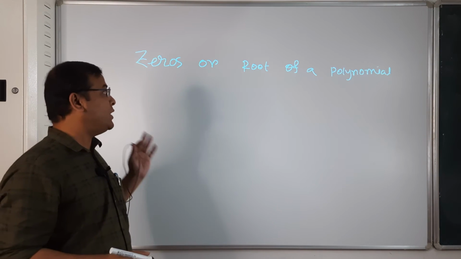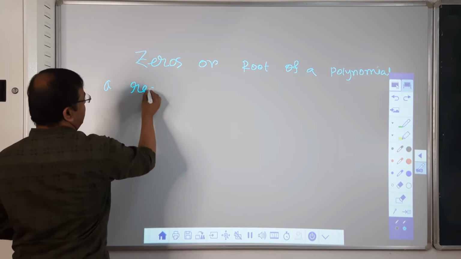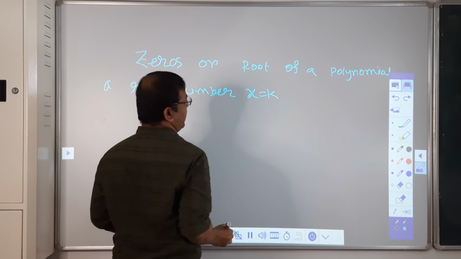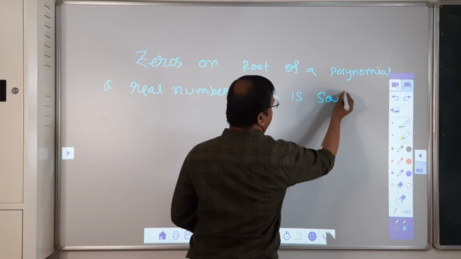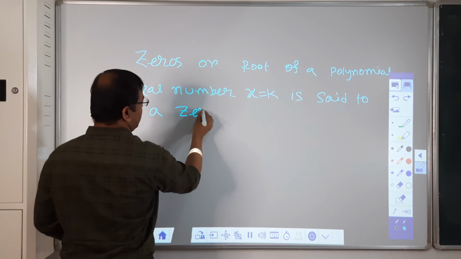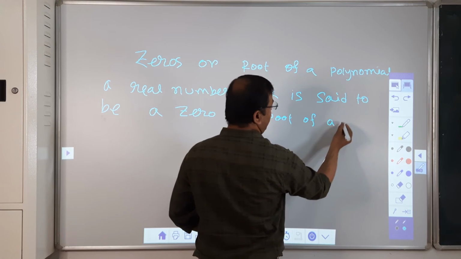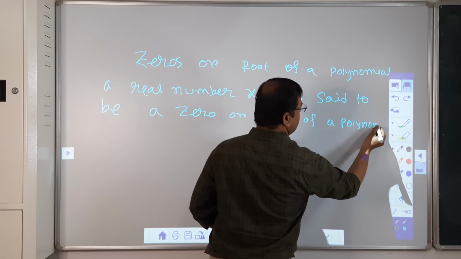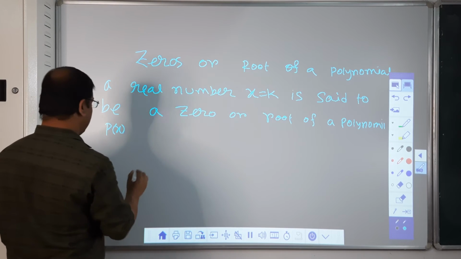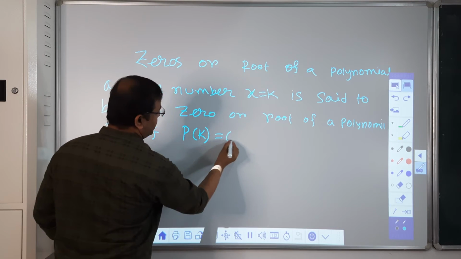So what is the definition of zeros or root of a polynomial? A real number x equal to k is said to be a zero or root of a polynomial p(x) if p(k) is equal to 0.